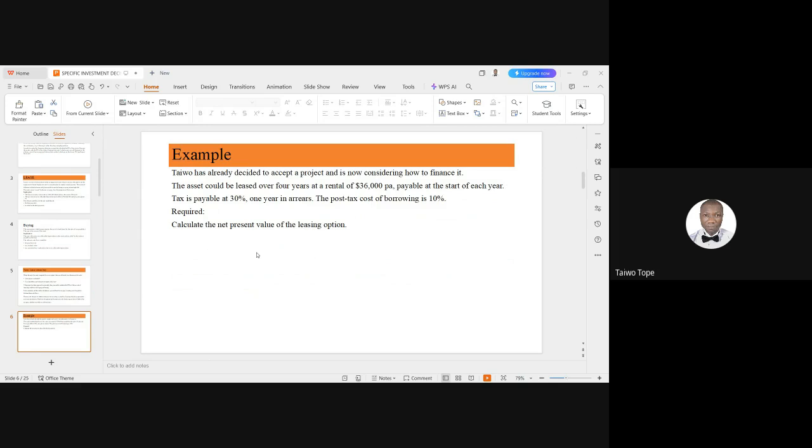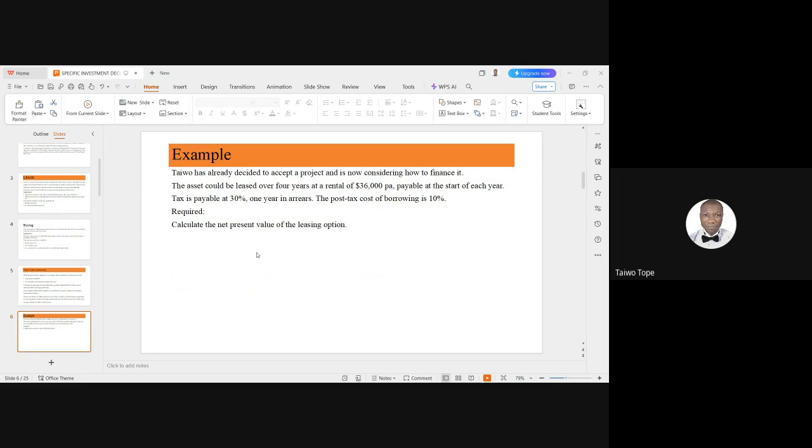Take note. Now, the tax relief, which is the inflow, the tax allowable, is the full lease rental. So it will be 30% of 36,000, and that will be $10,800 each year. But tax is paid 1 year in arrears.